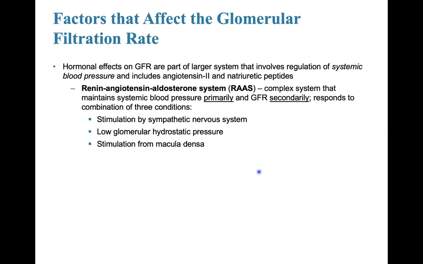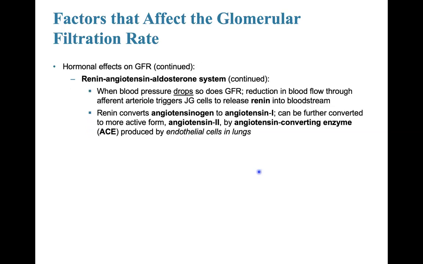This complex system that maintains systemic blood pressure primarily and GFR secondarily responds to a combination of three conditions: stimulation by the sympathetic nervous system, low glomerular hydrostatic pressure, and stimulation from the macula densa.